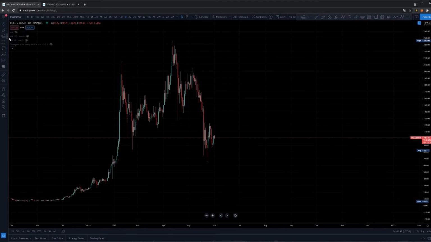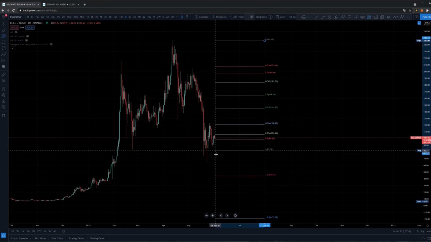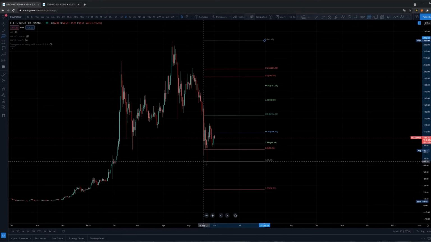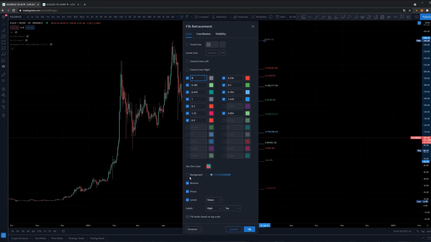Okay, let's place the Fibonacci. If we are about to have a resolution and break on the upper side, we have to figure out in your strategic plan where these resistances are.